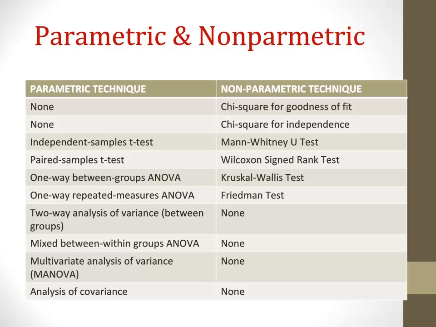Here I want you to take a look at the list of parametric techniques and then their alternative non-parametric techniques. Examples of parametric techniques include the independent samples t-test, the one-way ANOVA, the repeated measures ANOVA, whereas non-parametric techniques include the chi-square, the Kruskal-Wallis test, and the Mann-Whitney U-test.